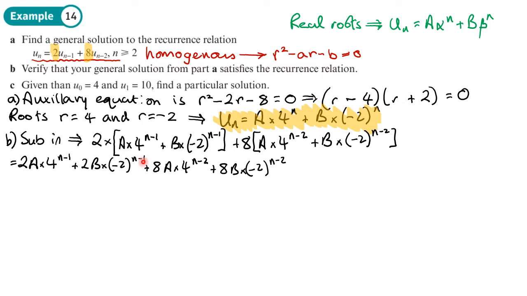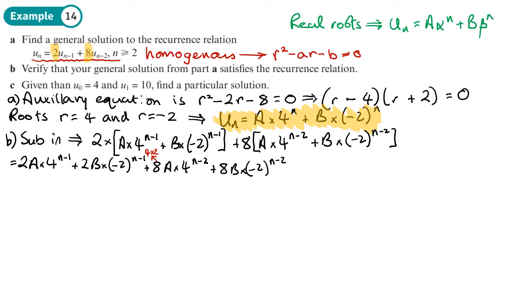Now the only way we can simplify this is to make sure that these powers are the same. So at the moment we've got n minus 2. If it's possible to multiply this expression by another 4, then it will increase the power by 1. If I can multiply this by negative 2, I can increase the power by 1. So I can make these powers n minus 1. I can do that by making 8 into 2 times 4.